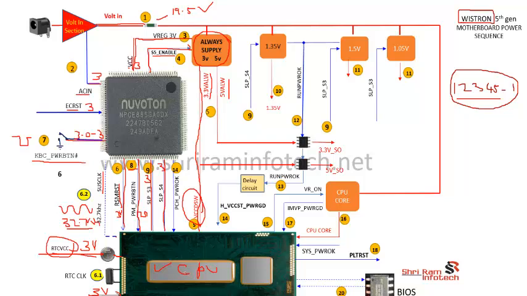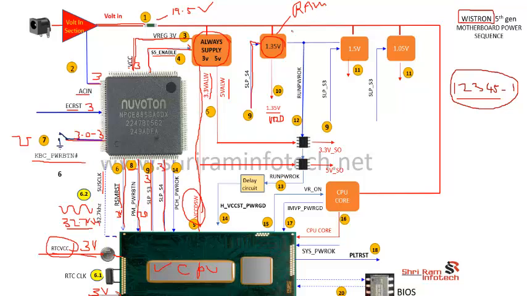Now this SLP_S3 and SLP_S4 is given to the SIO, and both signals also come to this buck converter. This SLP_S4 is coming to this buck converter at step number 9 and turns on this particular power supply. This is called VCC 1.35 volt for the RAM voltage, the VDD voltage, this particular section for the RAM.